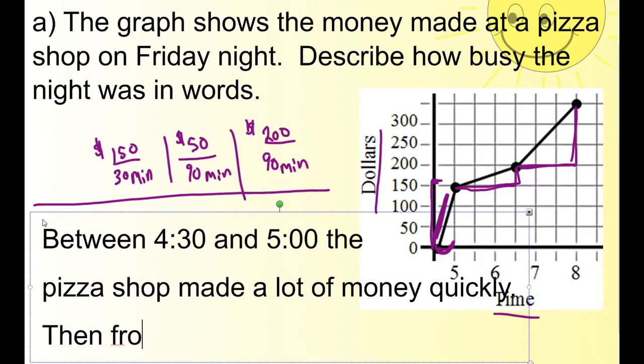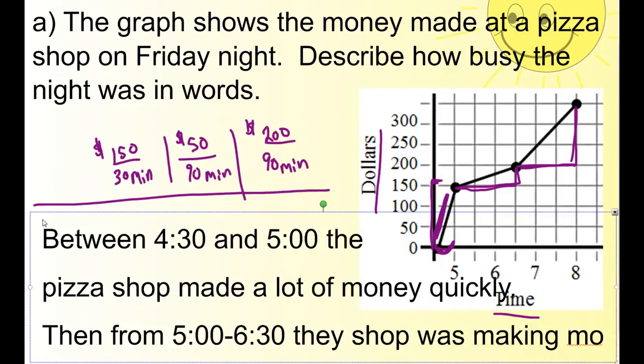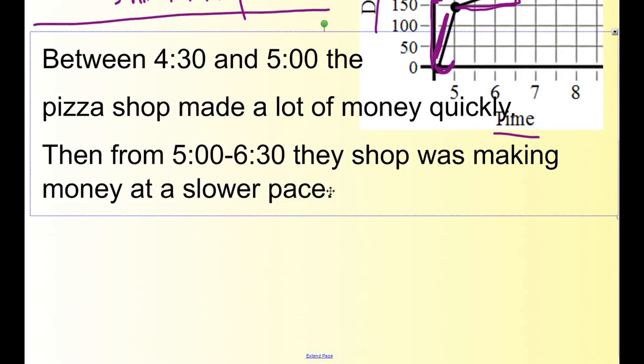Then, from 5 o'clock to 6:30, the business slowed down because they weren't making as much money. So from 5 o'clock to 6:30, the shop was making money at a slower pace. Let me make it so I can see this all. There we go.